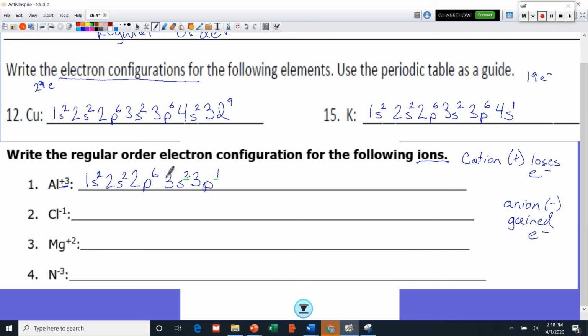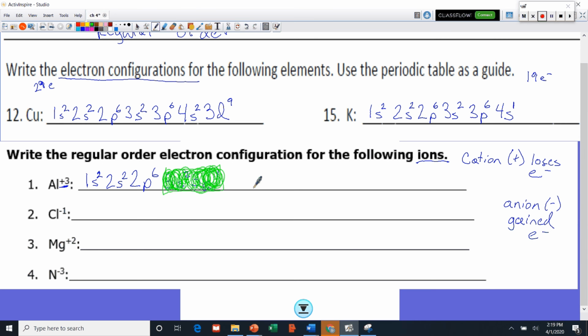I'm going to remove the outermost electrons. So that means that for aluminum plus 3, my electron configuration is 1s2, 2s2, 2p6.